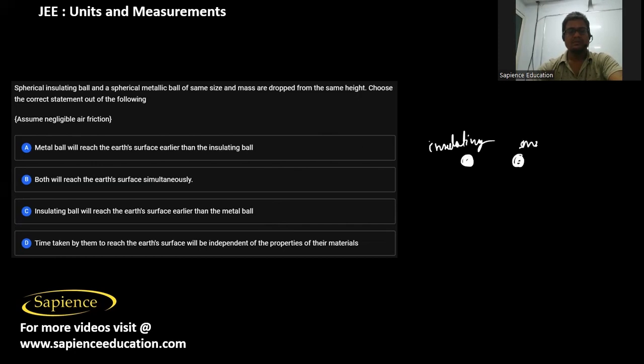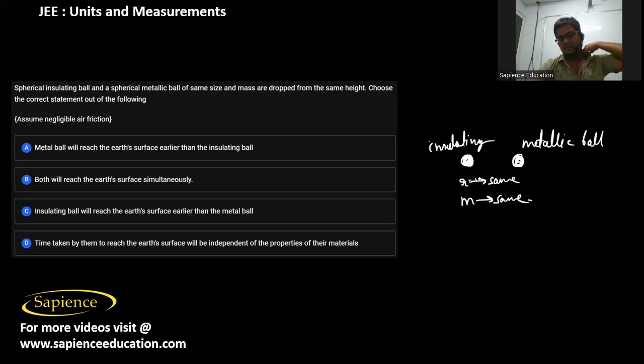Same size means their radius is same, and they have same mass also. And they are dropped from the same height also.